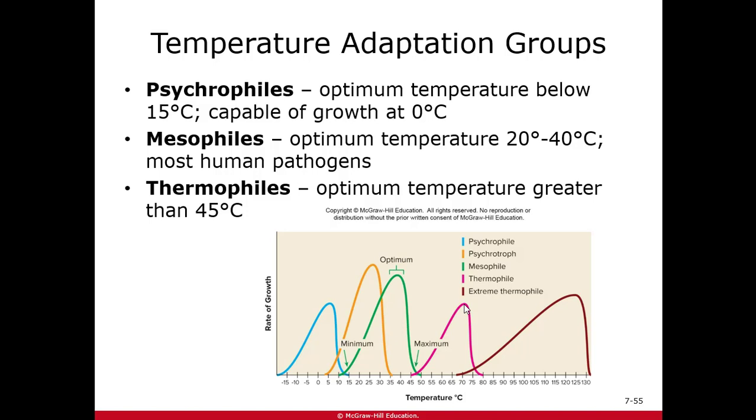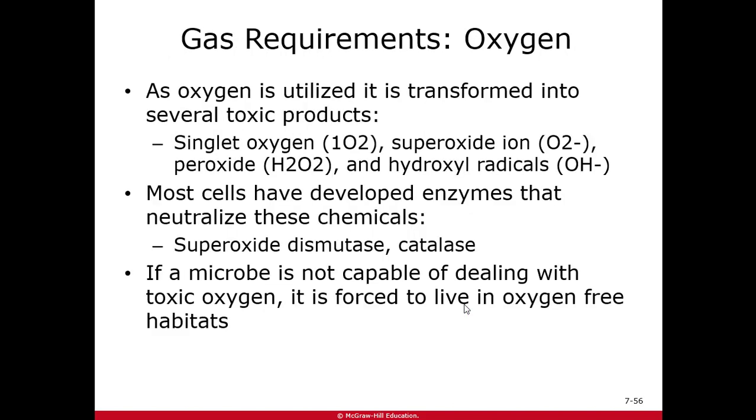Another requirement for different environments is whether there is oxygen present or not. Oxygen is used in a lot of different chemical processes, and unfortunately, sometimes oxygen can turn into toxic forms when it becomes unstable. Most cells have developed enzymes called superoxide dismutase, which is long, but it's an enzyme, and most enzymes end in ase. It can neutralize the superoxide.